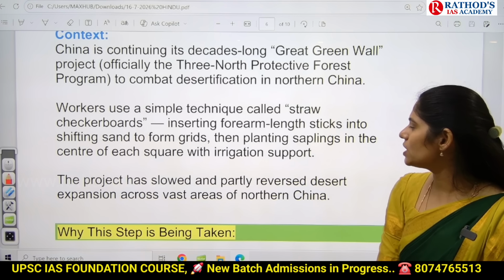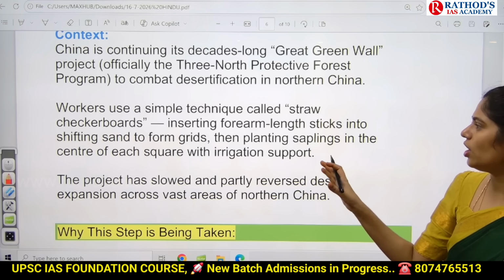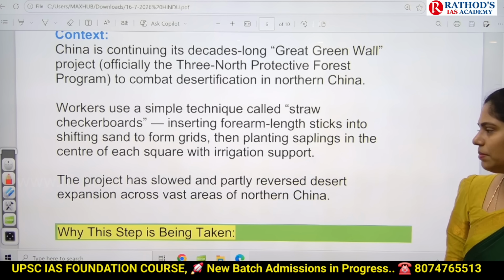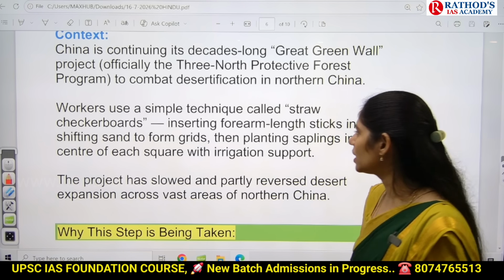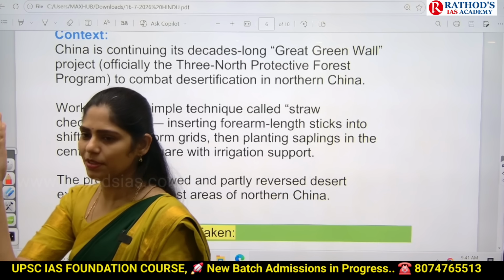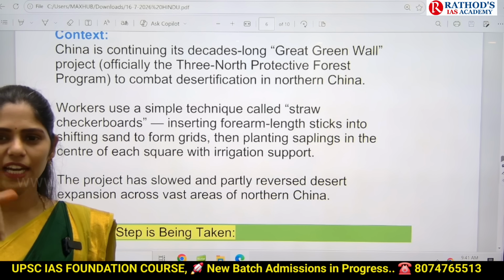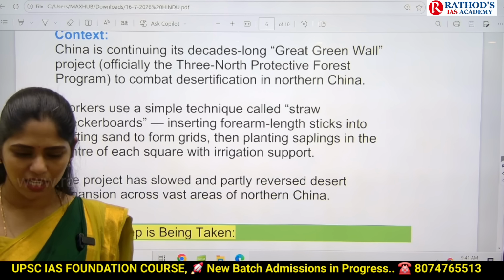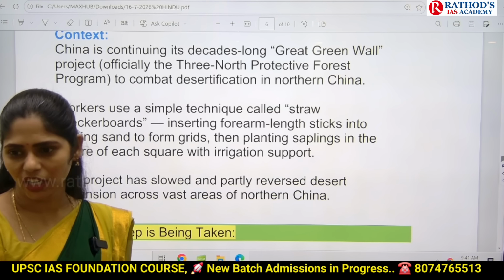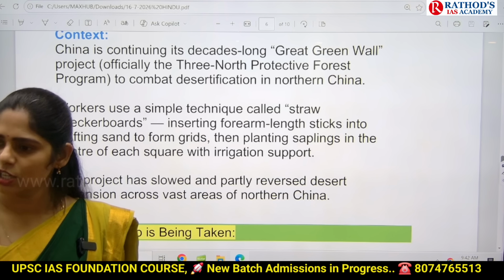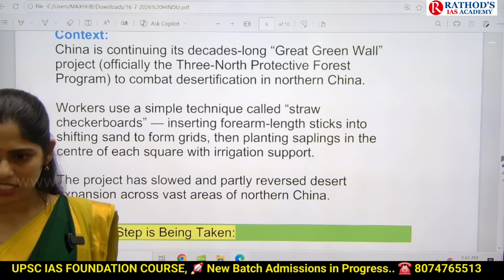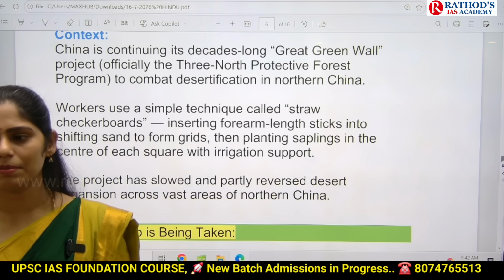And workers use a simple technique called straw checkerboards. Straw checkerboard is nothing but they will take an arm-length stick, keep the grains in that stick, put it inside the ground and water it. So the grains will sprout out in that stick itself.